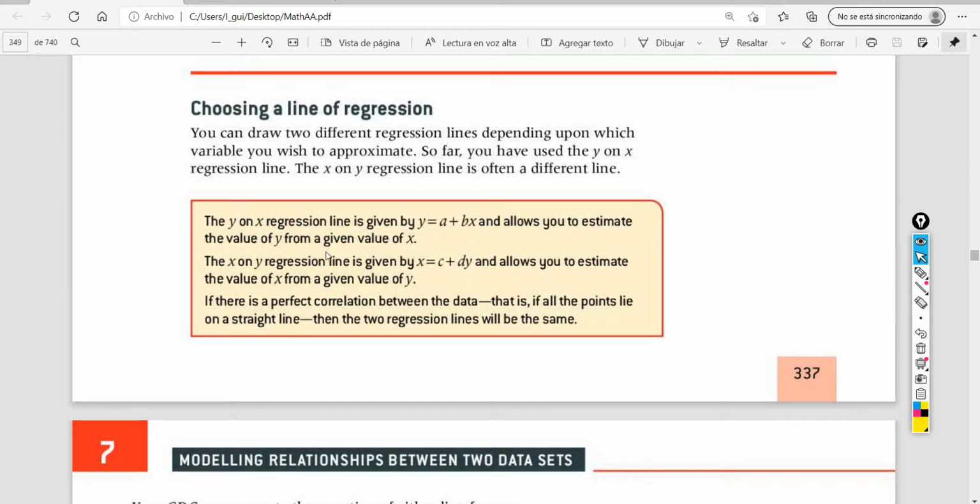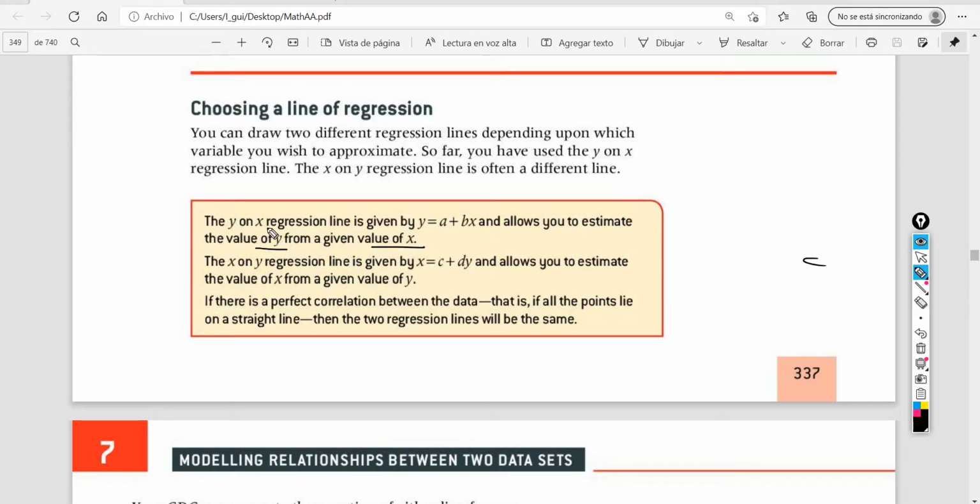So in this sense, guys, what you need to understand from this sentence is that in this case, what we want to do is predict the value of y when our predictor variable is x.